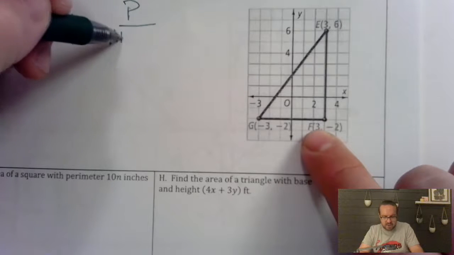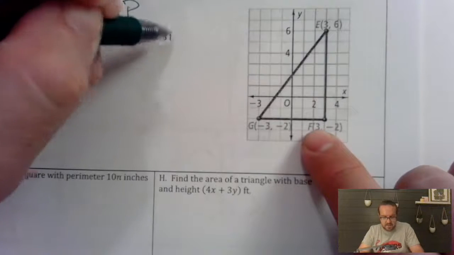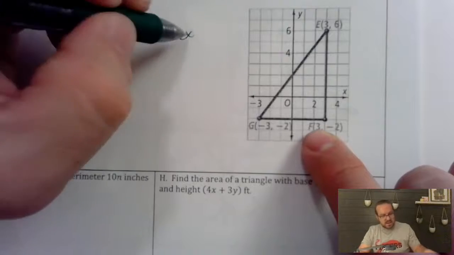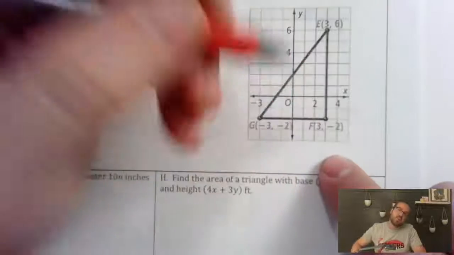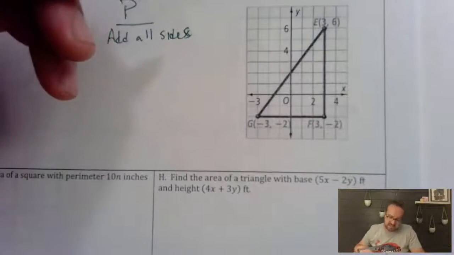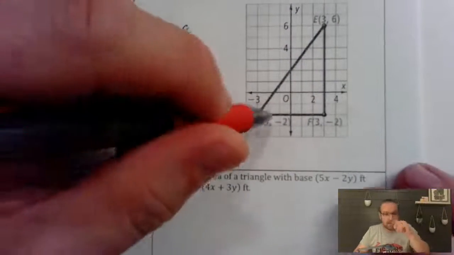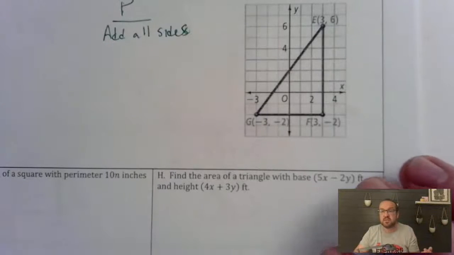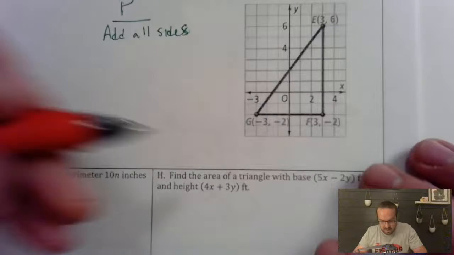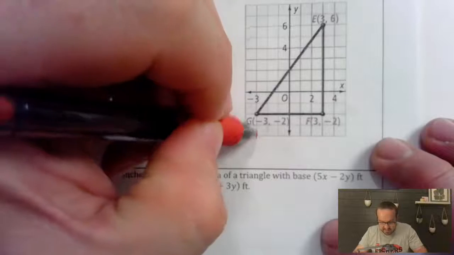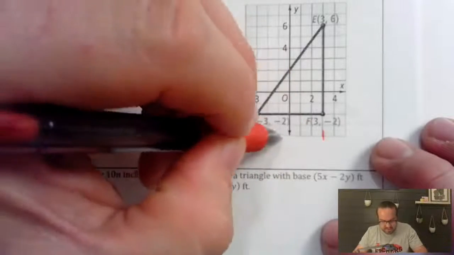It looks like we have a side here in red. One thing that we could do is just count the distances because it's on the coordinate plane. If you want to, you could use the distance formula or the Pythagorean theorem. It looks like here it's -3 to +3. That would just be 6.